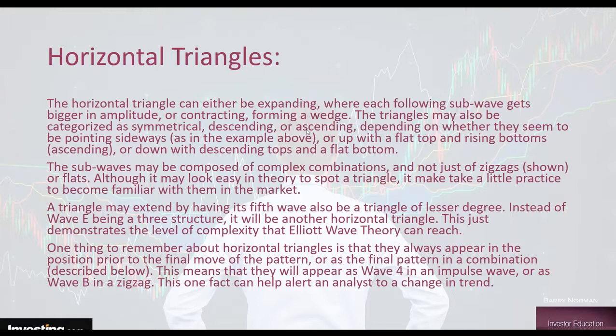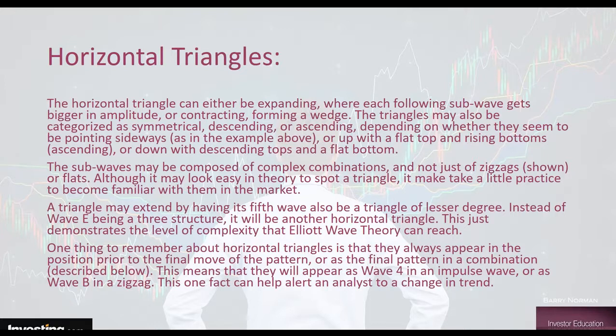Okay. Now we have horizontal triangles. Now horizontal triangles can either be expanding, where each following subwave gets bigger in amplitude, or contracting, forming a wedge. Triangles may also be categorized as asymmetrical, descending, or ascending.